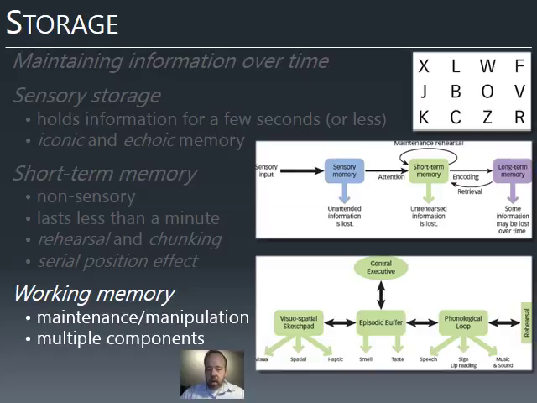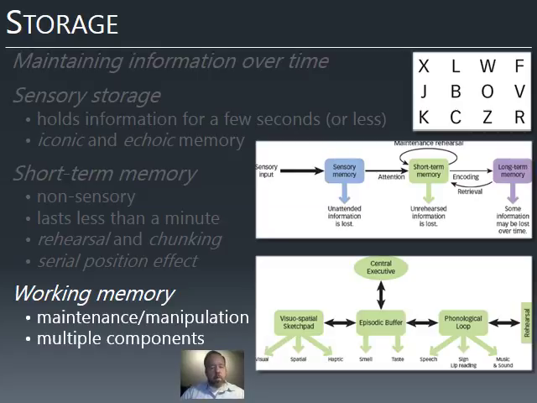That's the visuospatial sketchpad. You also have the phonological loop, which is more auditory in nature. So when you have auditory information that you need to manipulate, or if you're keeping it in mind and rehearsing it over and over again, that depends on this part of your working memory.